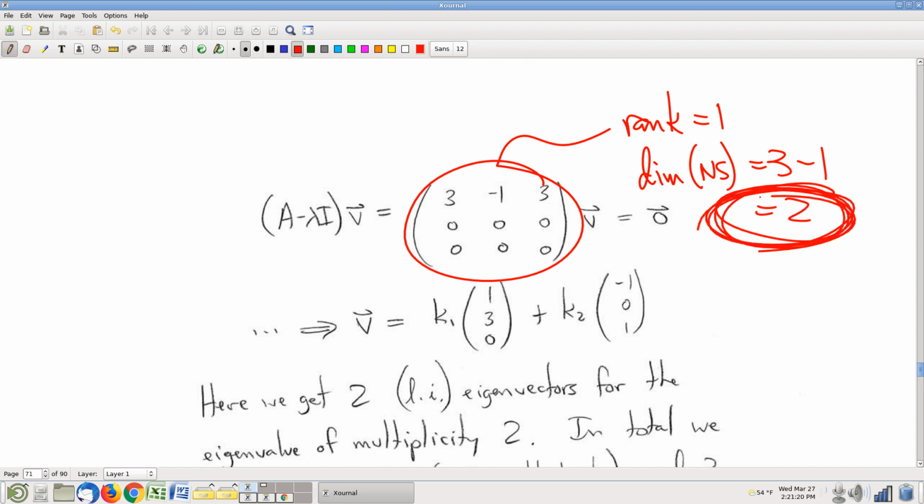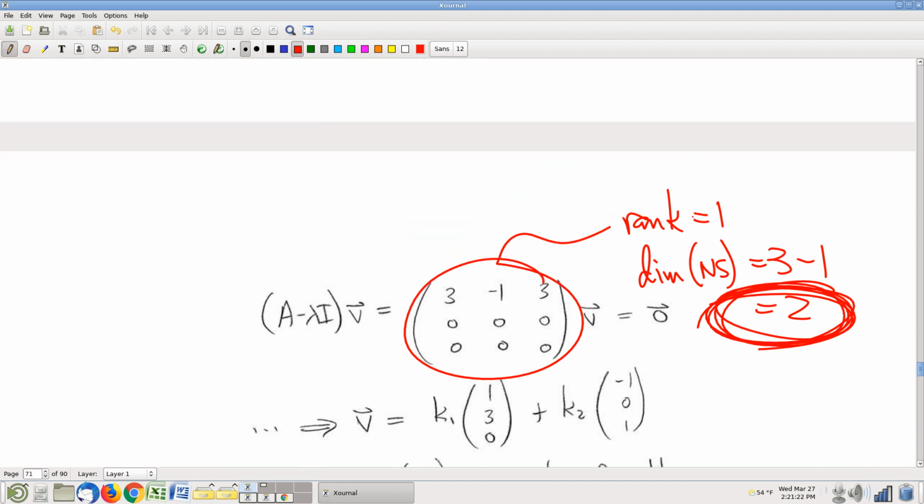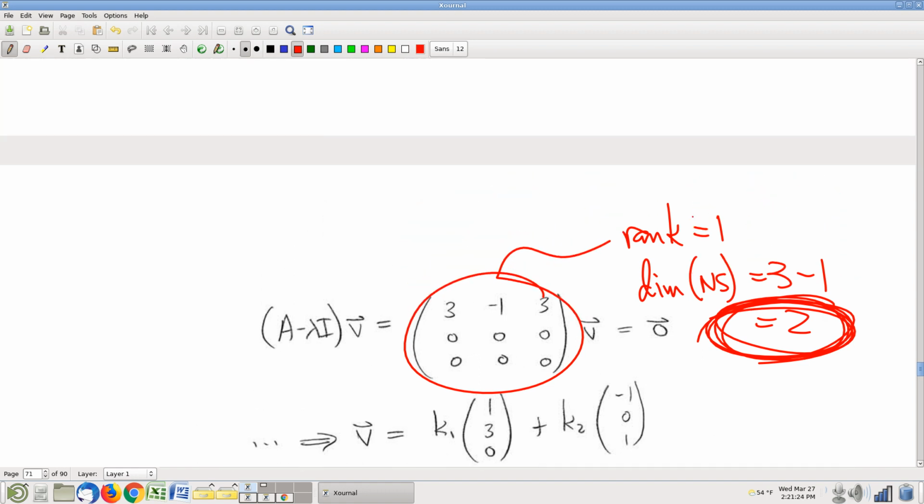Now, a two-dimensional null space is not as nice as a one-dimensional null space. With one-dimensional null spaces, find any vector. It's a basis, you're done, right? It's super, super convenient. 2 is not quite as nice, but there is still something really nice about two-dimensional spaces.